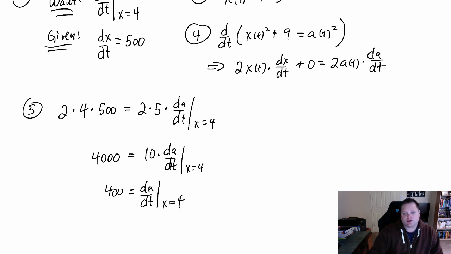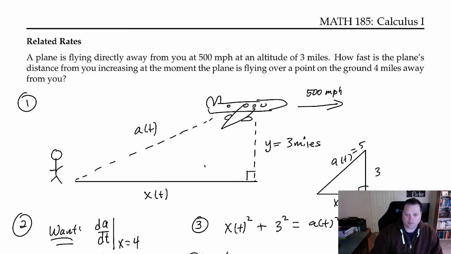The units for the distance to the airplane would be in miles. So this is increasing at a rate of 400 miles per hour. Not bad. So that distance is actually increasing at less of a speed than the horizontal distance along the ground there.